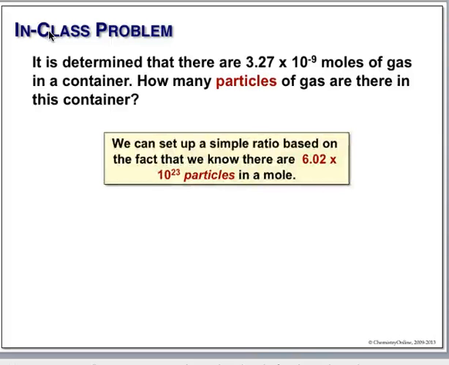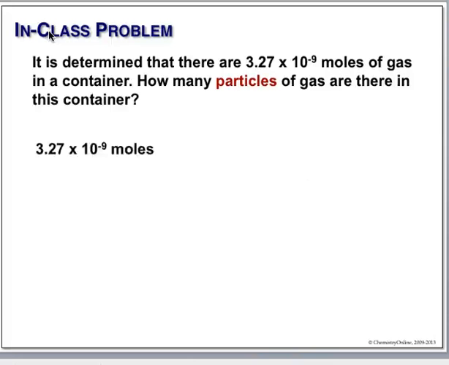So we know how many moles. We know the ratio, things per mole. All we have to do is string them together. Here's our given. We must have moles in our denominator.